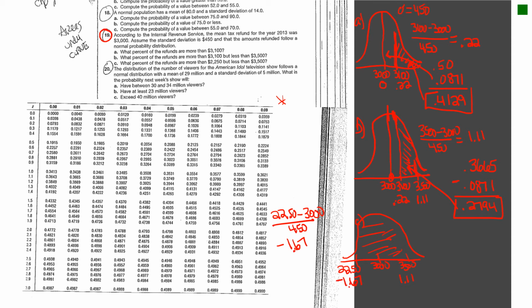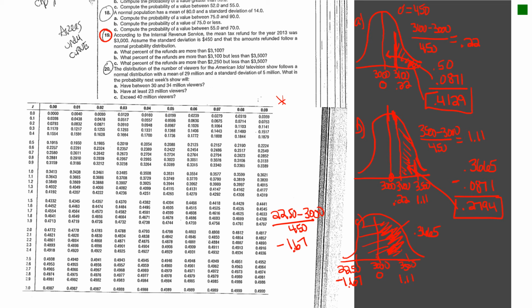So now I go to my table, and remember, whether you got positive or negative z-values, just use the absolute number in these tables, and you'll still get the same area. So we already knew that when we looked up 1.11, that area was 0.3665, and so let me draw a line right here. What that basically means is from 1.11 all the way down to 0 is defined as 0.3665.